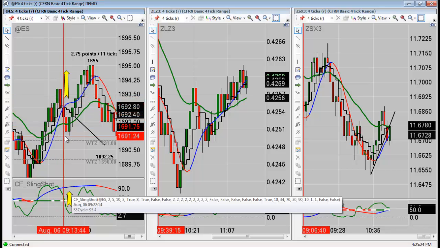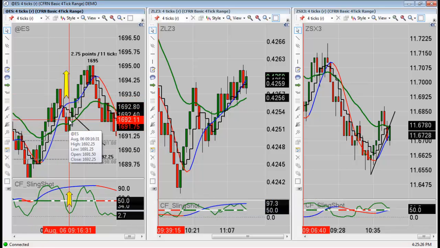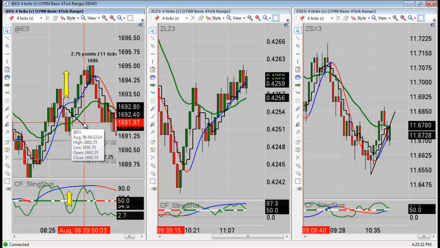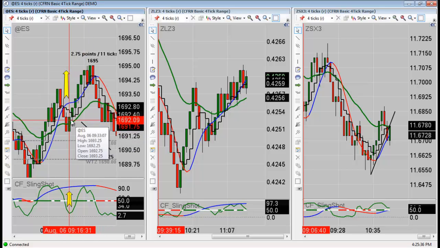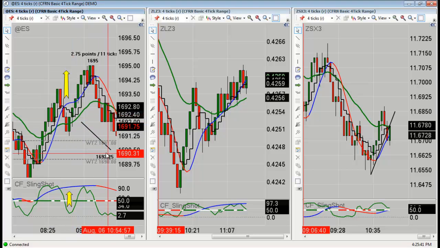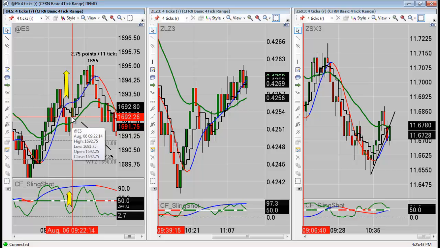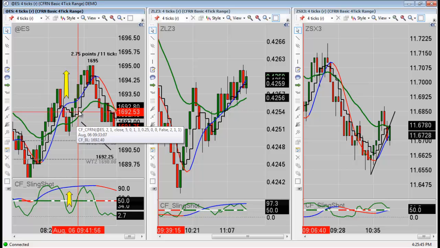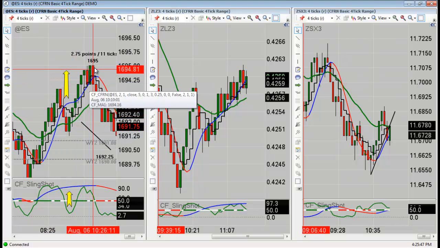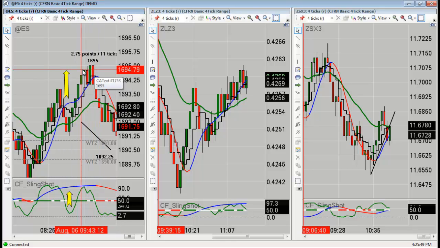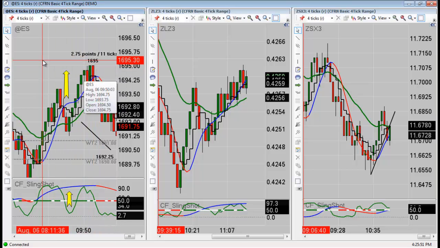So once we pull back, up close, this candle closes at 16.92 1/4. So we buy the open of the next candle, this one right here, 16.92 1/4. We buy the open of that candle. Price marches higher. The swing high here is 16.95.